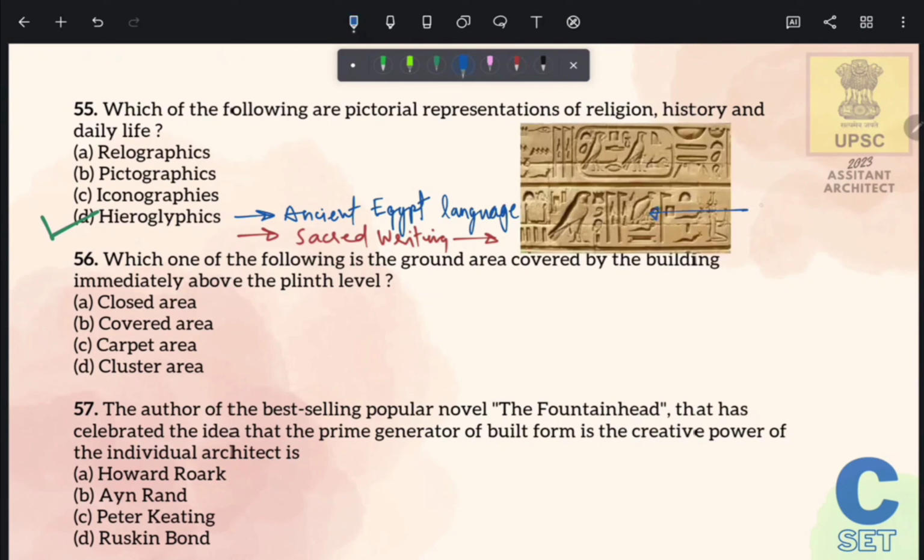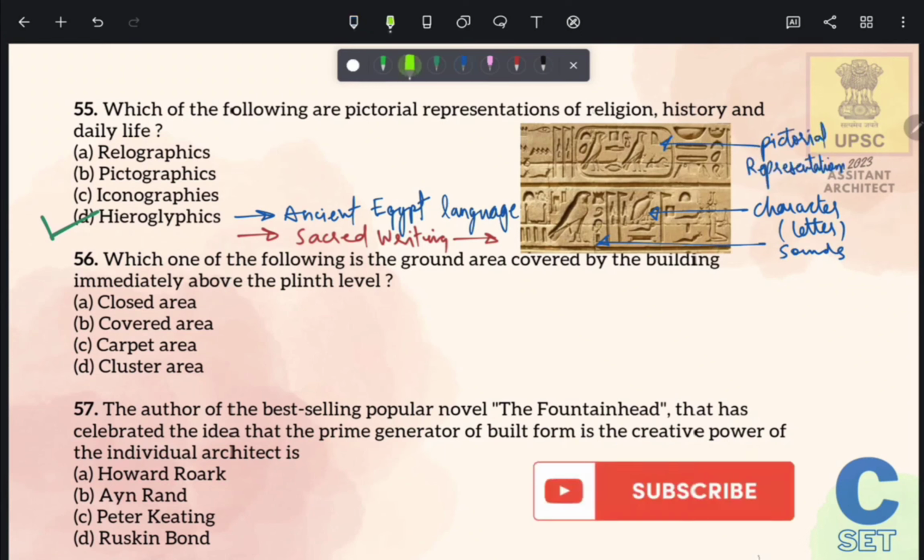So in hieroglyphics, various characters are used as letter, and these characters have some different sounds, which makes it a kind of pictorial representation. And in ancient history time, used to describe religion, history, and daily life.